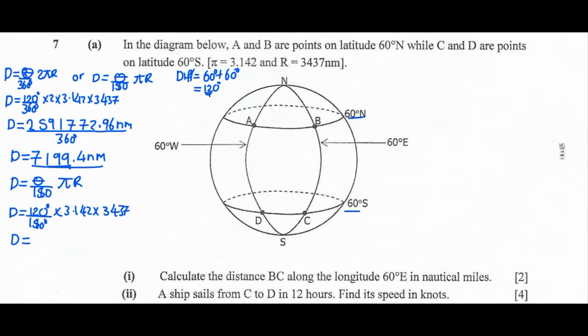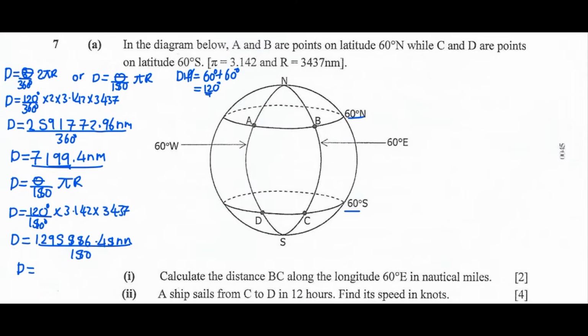So 120 times 3.142 times 37. I am getting 1,295,886.48, not commas. Then divided by 180. So let's divide by 180.